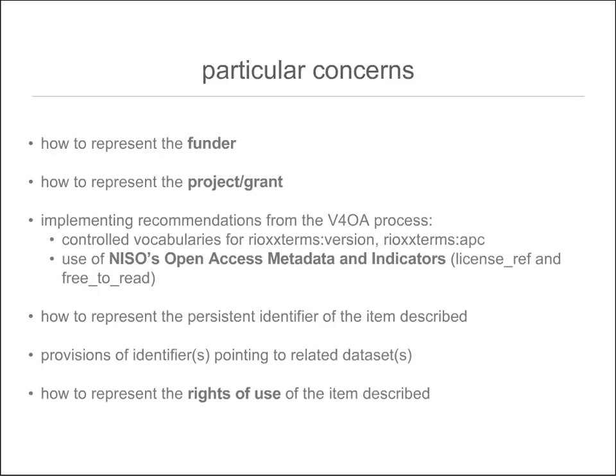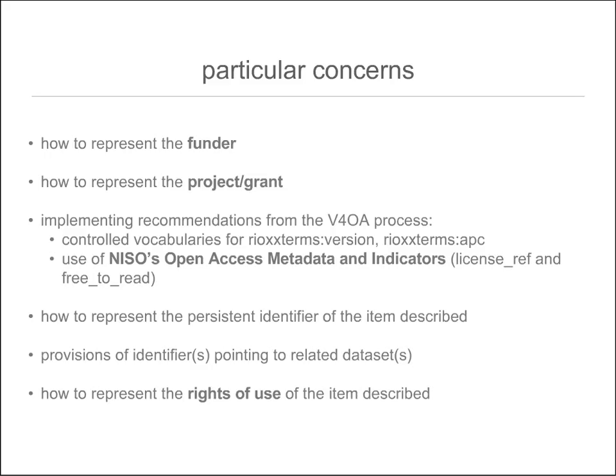We had to figure out how to represent the persistent identifier of the item described. That sounds straightforward, but actually isn't particularly straightforward. Repositories actually are quite often ambiguous about what it is that the metadata record is describing.